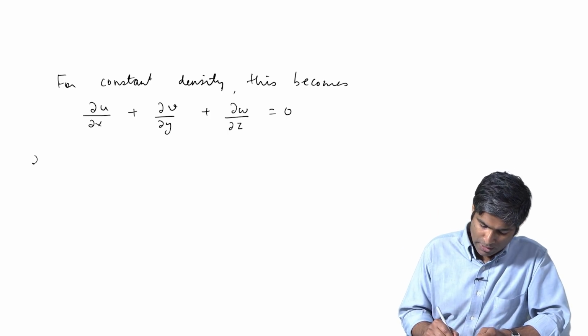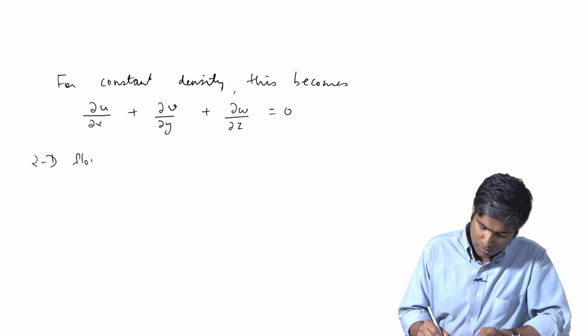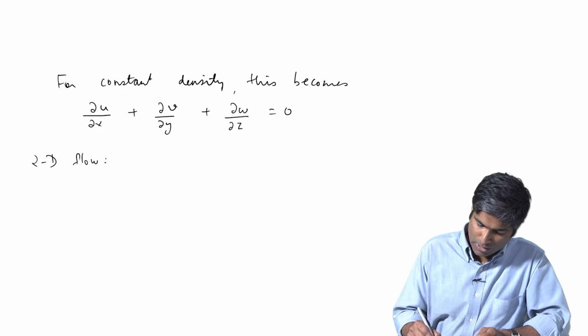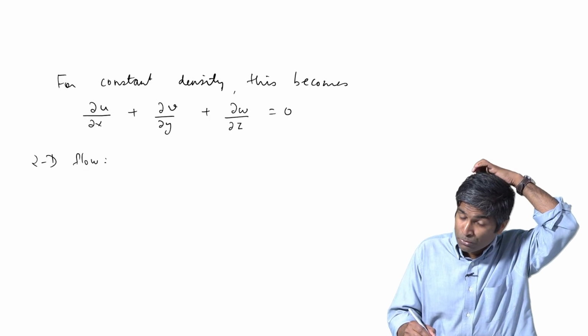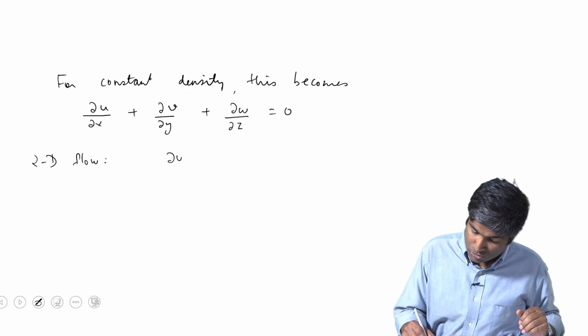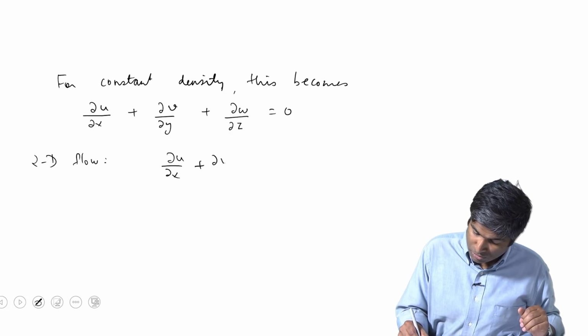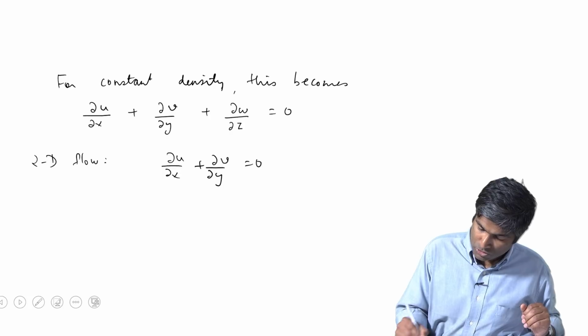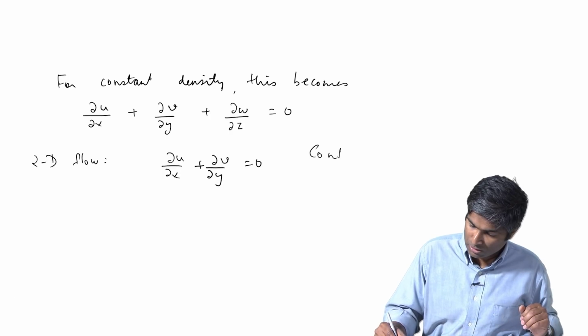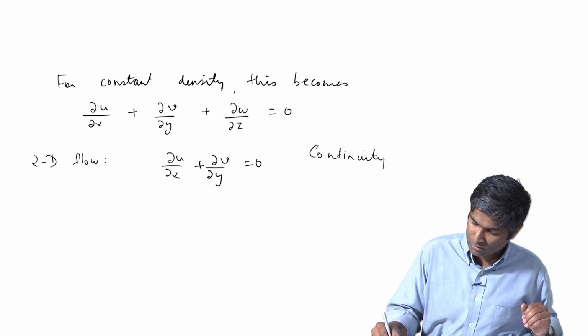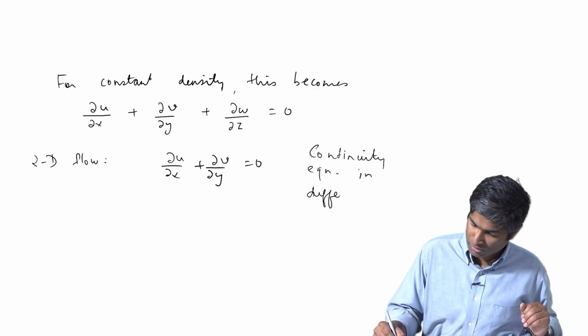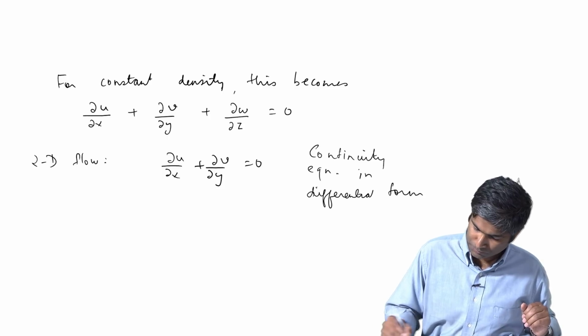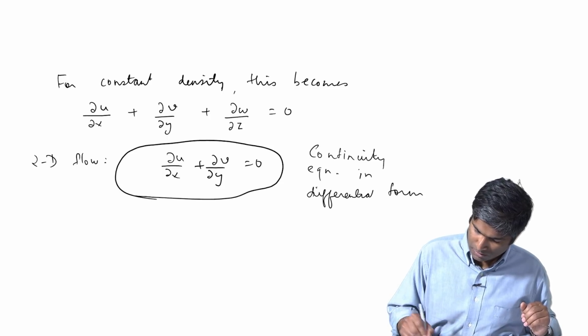If we further say 2D flow, so that there is no w component, this essentially becomes del u by del x plus del v by del y equals 0. This is what is called the continuity equation in differential form. And that's just mass conservation really.